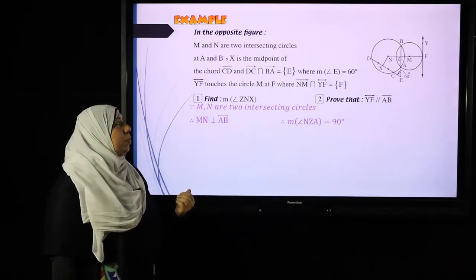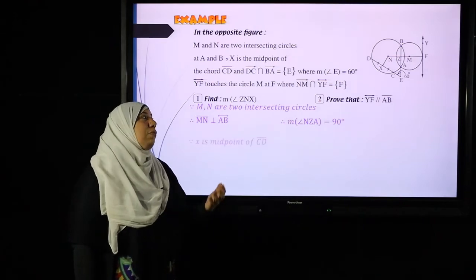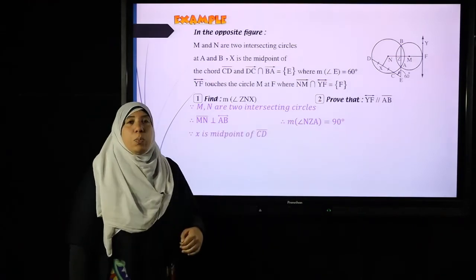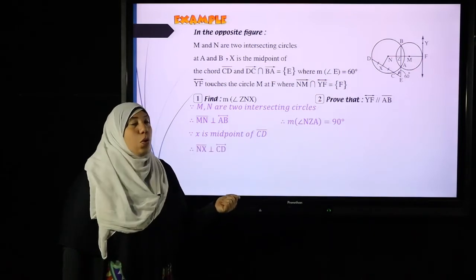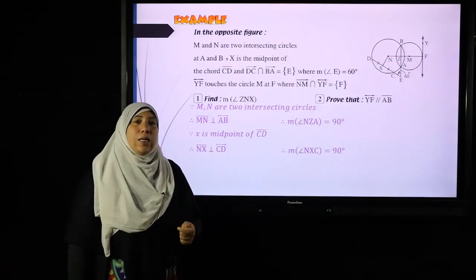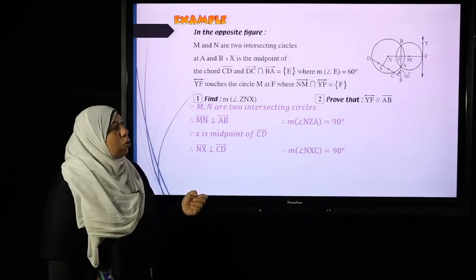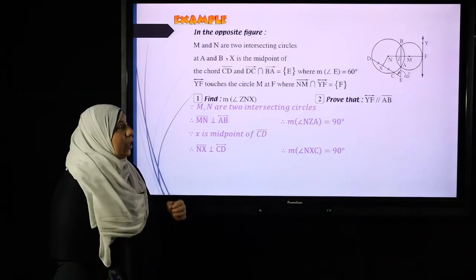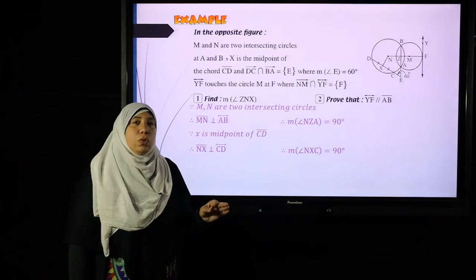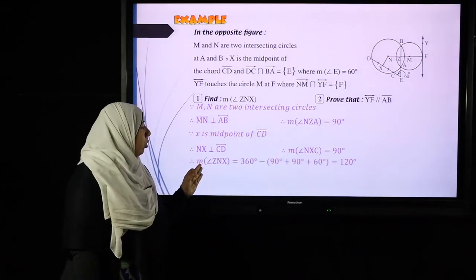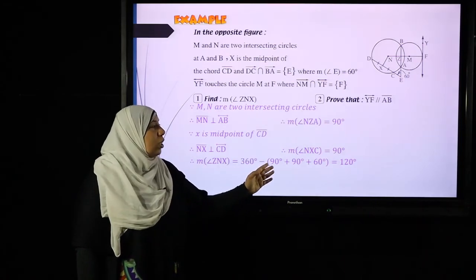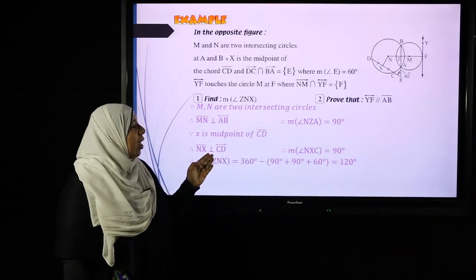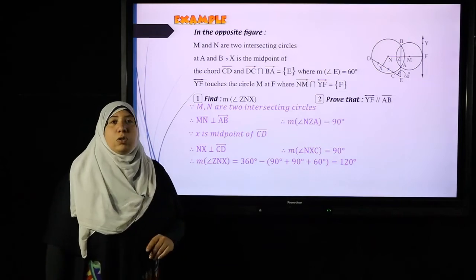And from the last lesson, if X is a midpoint of a chord, so NX is perpendicular to the chord, so the angle NXC is equal to 90 degrees. Again, I can use the quadrilateral rule, that the quadrilateral is 360 degrees minus 90 plus 90 plus 60, so the angle ZNX is 120 degrees.